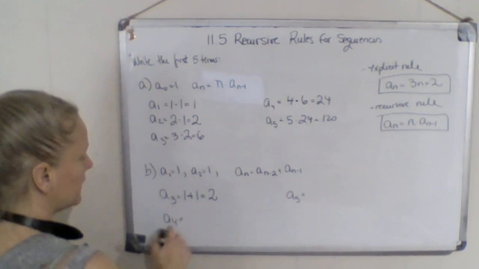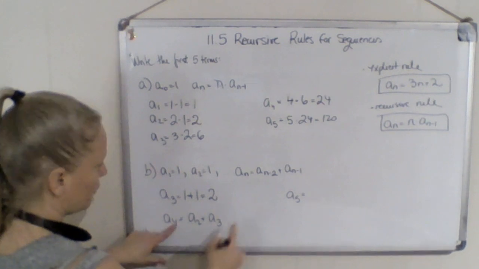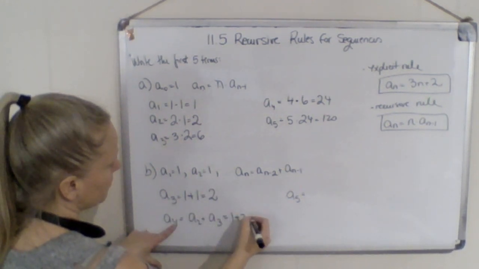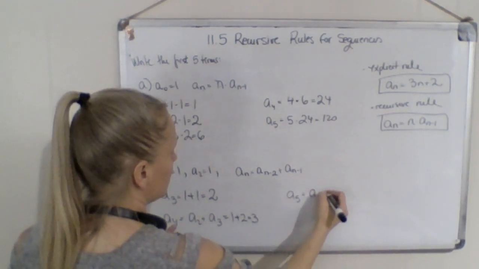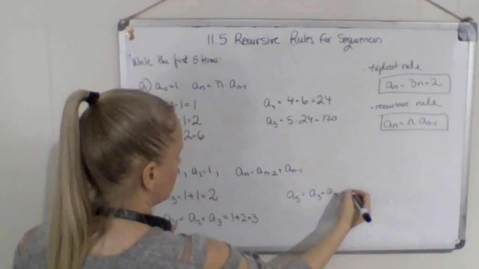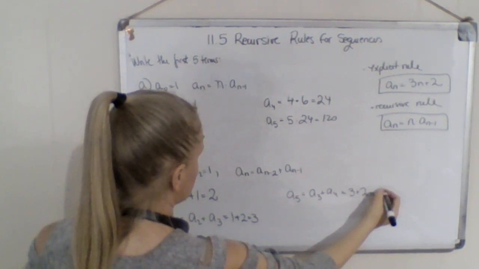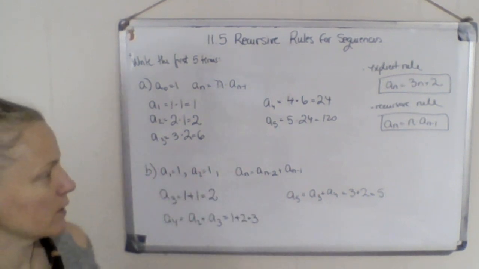For a4, I need to add a2 plus a3, right? 1 plus 2 is 3. For a5, I'm adding a3 plus a4, which is 3 plus 2, which is 5, right? 1, 1, 2, 3, 5, that's our series.